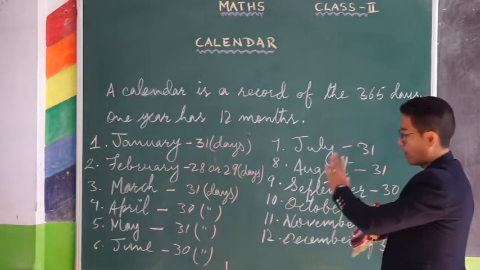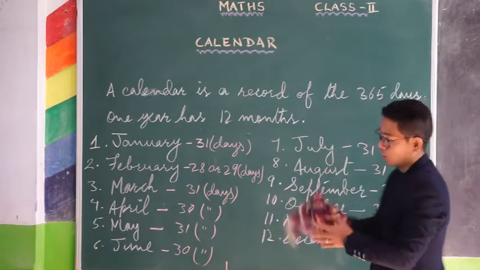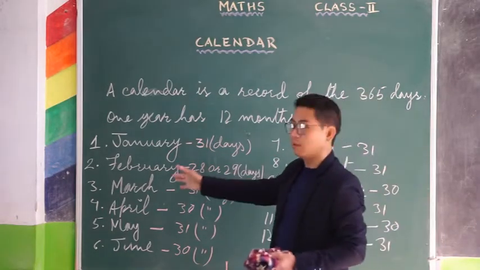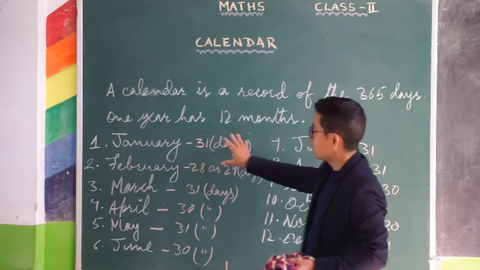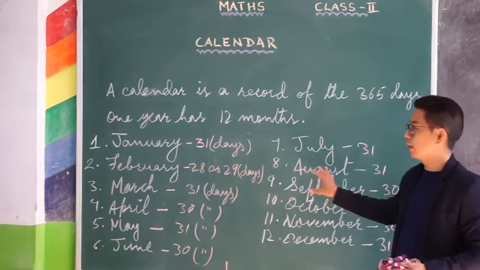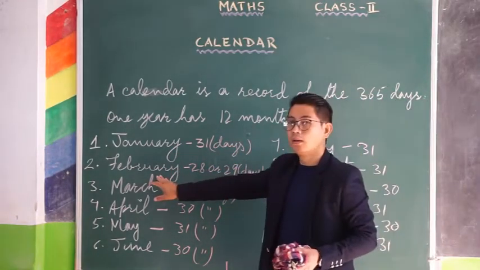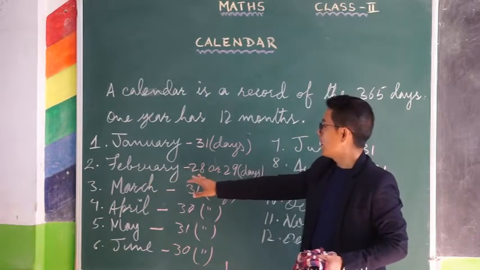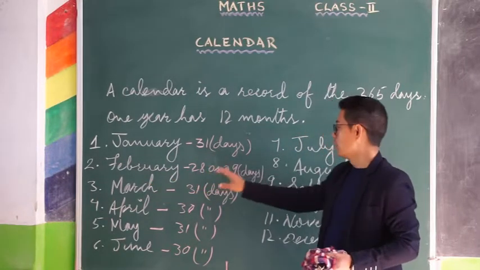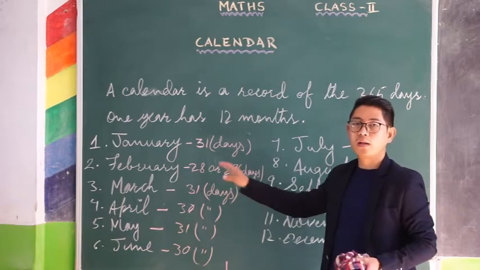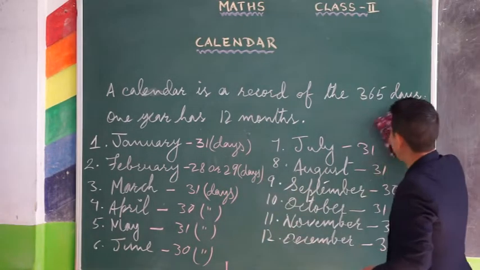Okay, so I'll rub this one. Whenever you see the calendar, you will get the number of days in each month, except February. February could have 28 or 29 days. I'll tell you about this later on.